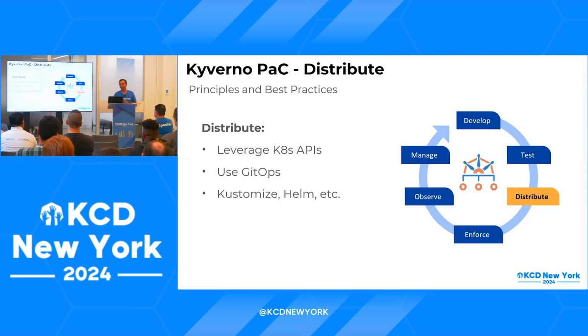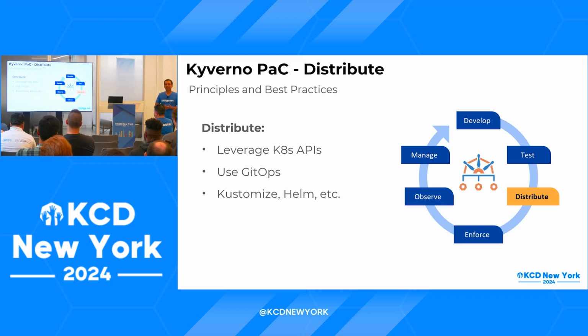Okay, so now that we have spoken about testing the policies, the next step is the distribute phase. As we discussed, Kyverno policies are native to Kubernetes. You can actually deploy them using kubectl or any GitOps tools, or even leverage Kustomize, right?